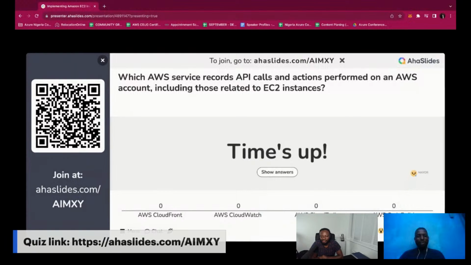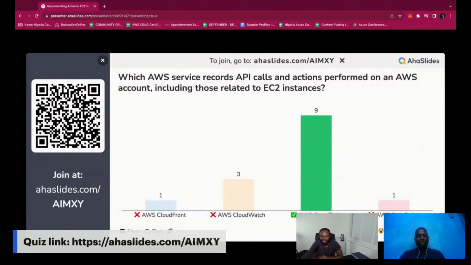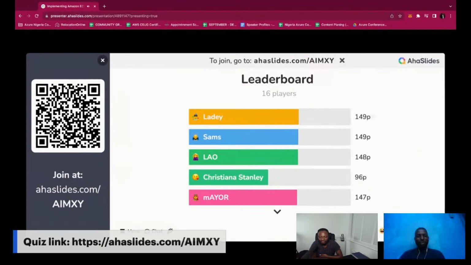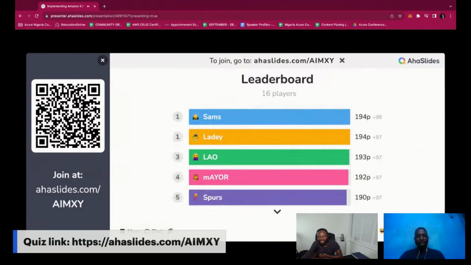Impressive. You got 9 people picking the correct answer. So let's see who was the fastest. It looks like some have taken the first position now.